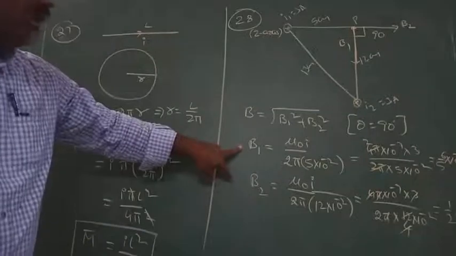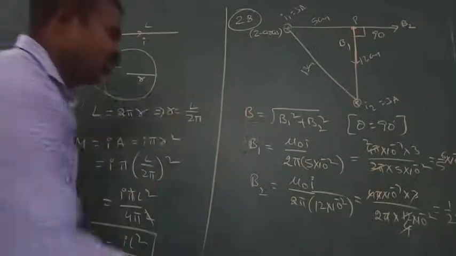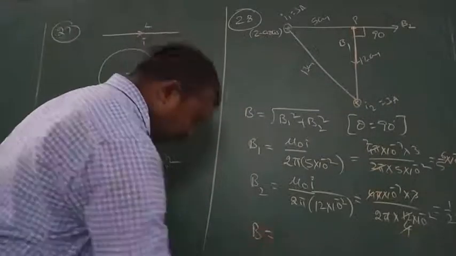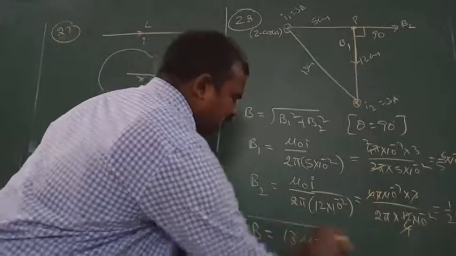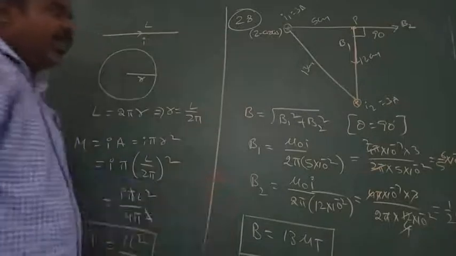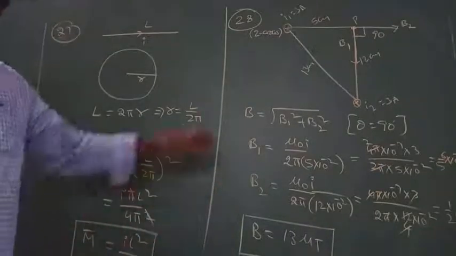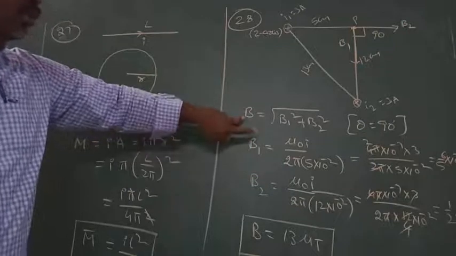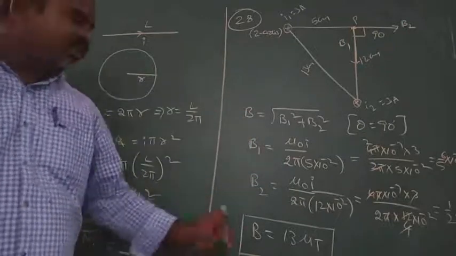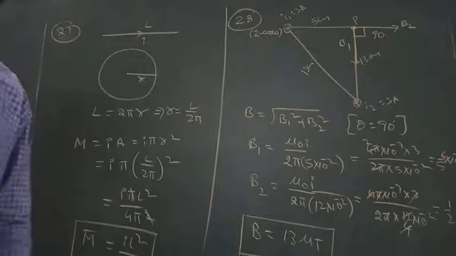Substituting these two values in the equation, we get the magnetic field at point P as 13 micro tesla.